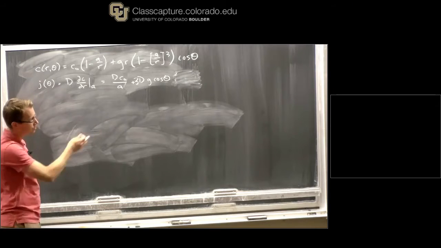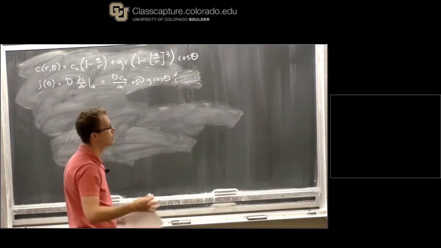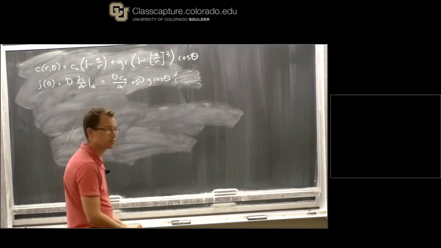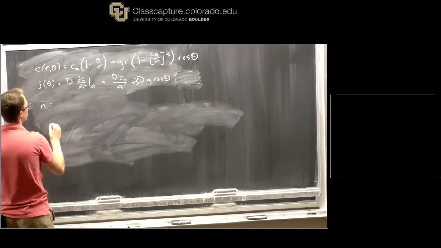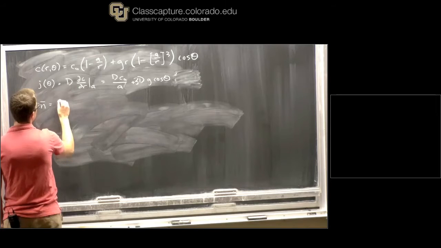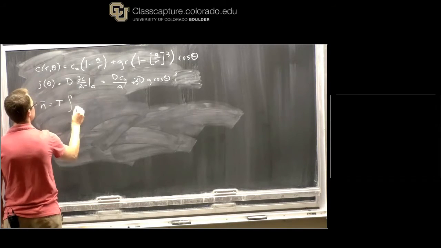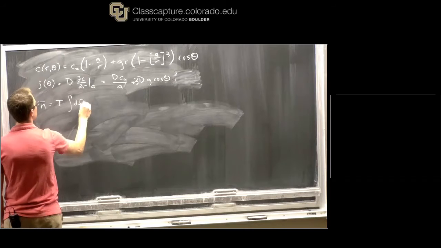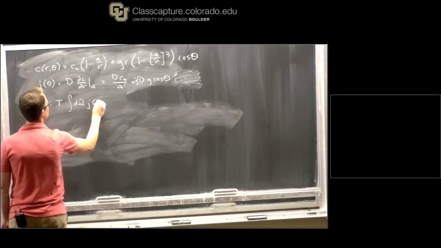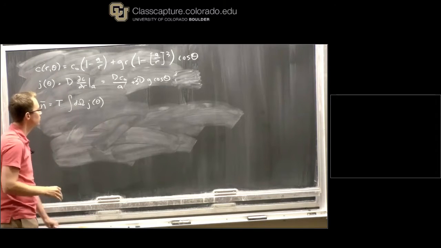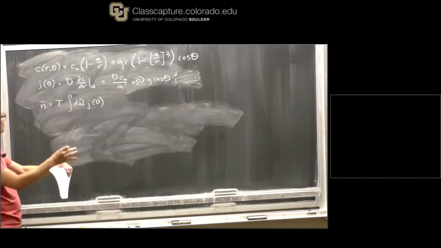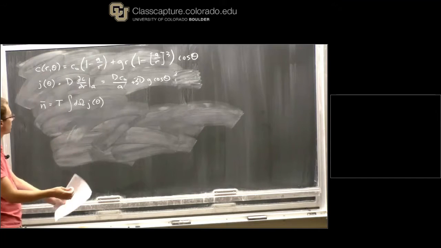From that, we can get the two things that we wanted. We can get the total number of molecules coming in by just saying n bar is T times the integral over all solid angle of this flux. That's not enough, right? We need to integrate not over just all angle, but also the area.